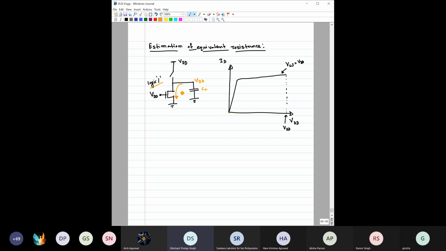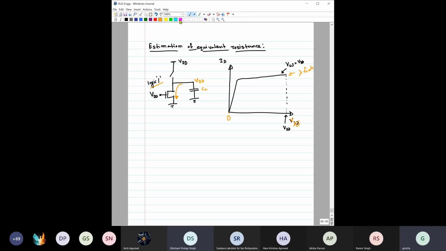Now how do you estimate? One approximation is to consider the ID-VDS characteristic, which basically looks something like this for a finite value of lambda, so it should have some slope.